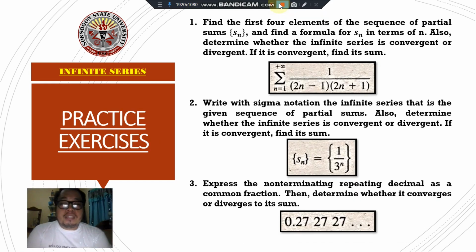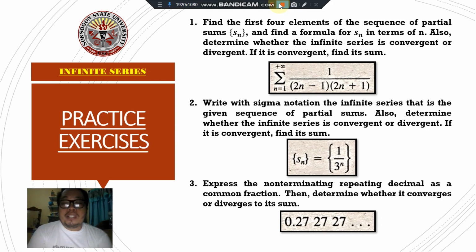So now at this point, for you to apply what you have learned from our discussions on the previous slides regarding infinite series, the sum of infinite series, and other theorems that involve convergent and divergent infinite series, here are some practice exercises.